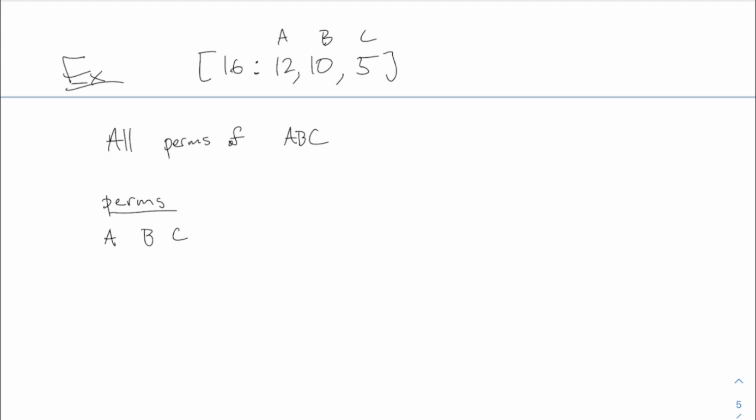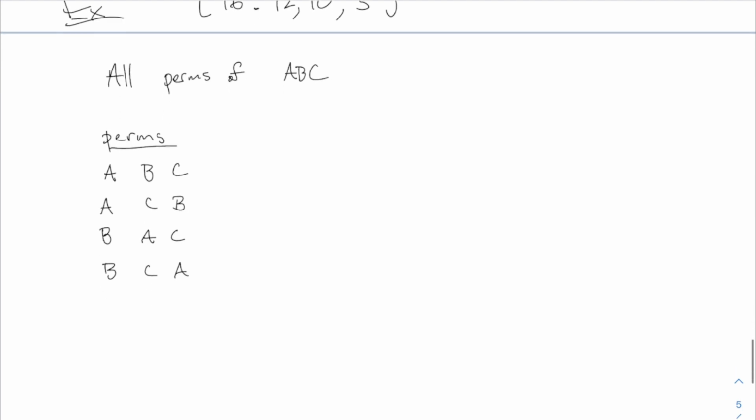ABC is one. Another way that I could start with A would be ACB, right? Those are the 2 possible ways you can rearrange it starting with A. Now I can also do 2 ways starting with a B. I could do BAC or BCA. Those are all the ways you can do it starting with a B. And then I can do 2 ways starting with a C, and that should be it.